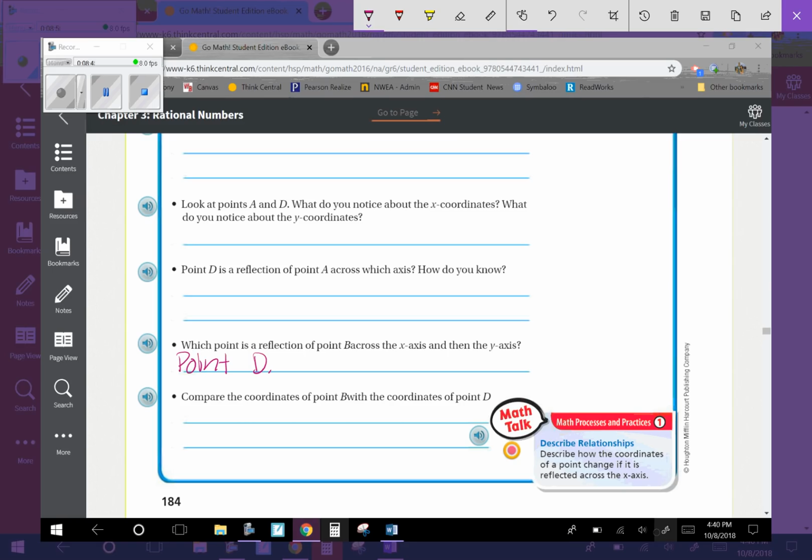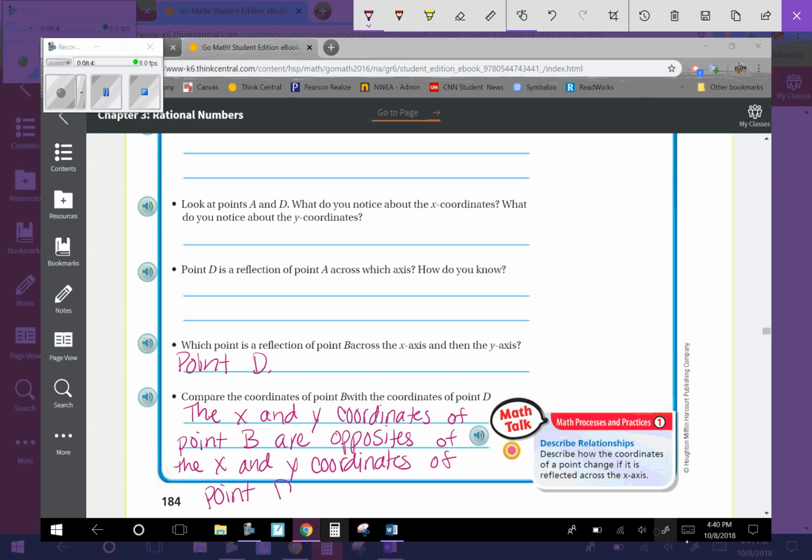So compare the coordinates of point B with the coordinates of point D. So if you look at B and D, the x and y coordinates of point B are opposites of the x and y coordinates of point D. So both the x and the y are opposites, because if we look at point B, it is 5, -4, and D is -5, 4.